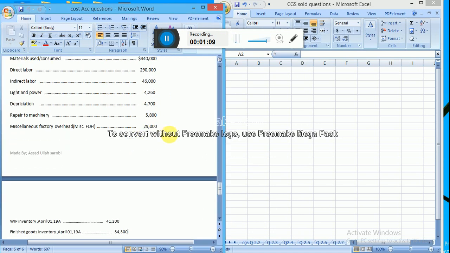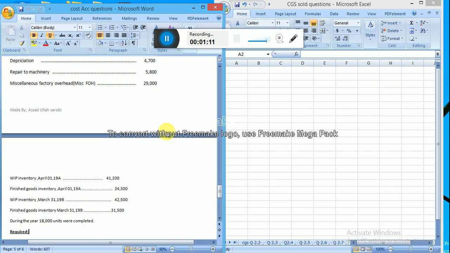The remaining work in process inventory on April 1st, 19A, is 41,200. Finished goods inventory on April 1st, 19A, 34,300.